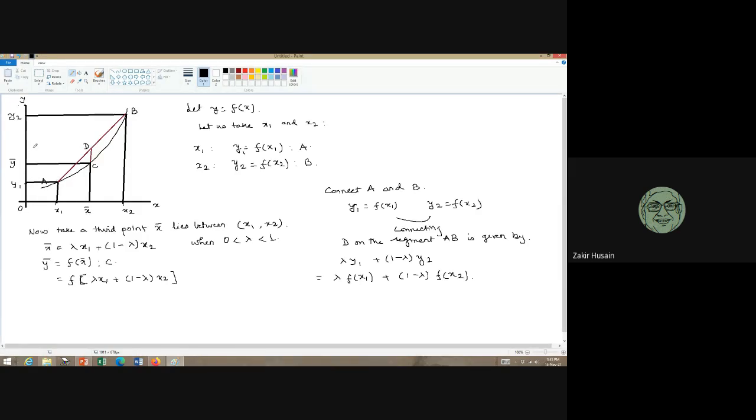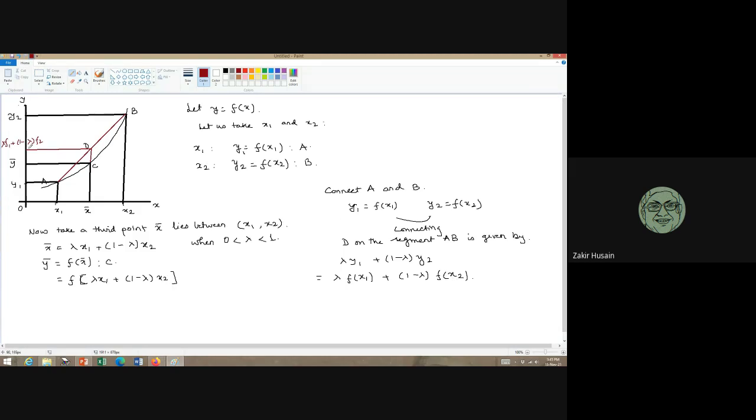I am writing in shorthand, f1 means f of x1, f2 means f of x2.